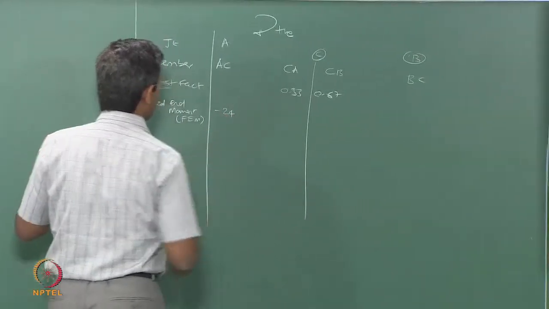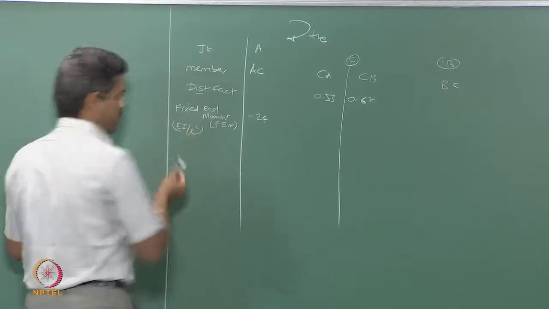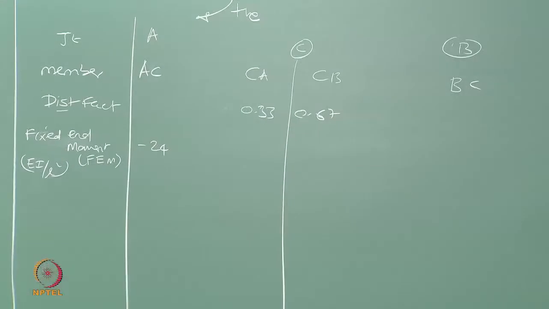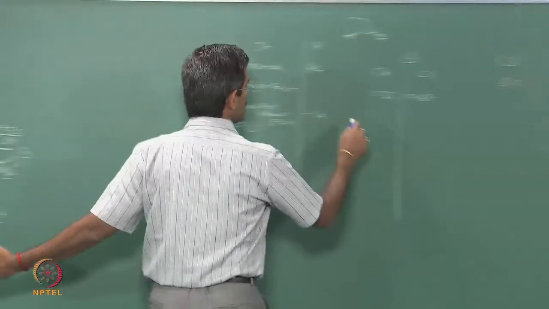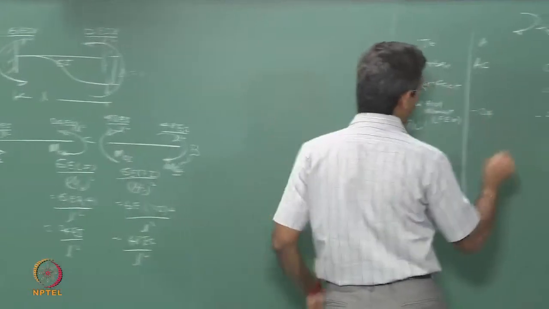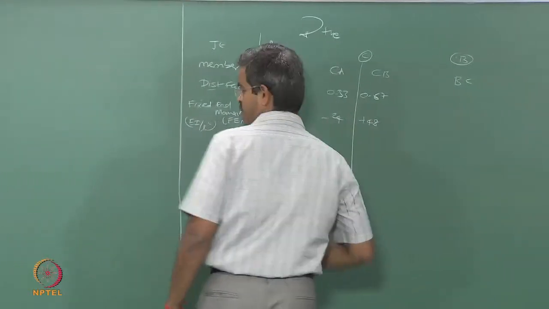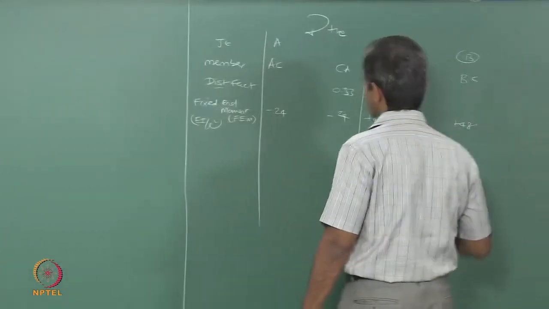I only write the value, I will have a multiplier of EI by L square outside, because it is going to be common for all, I will only write the number. Similarly, here again anti-clockwise, so minus 24. Similarly, CB, it is of course clockwise, so plus 48, and BC again clockwise, plus 48.